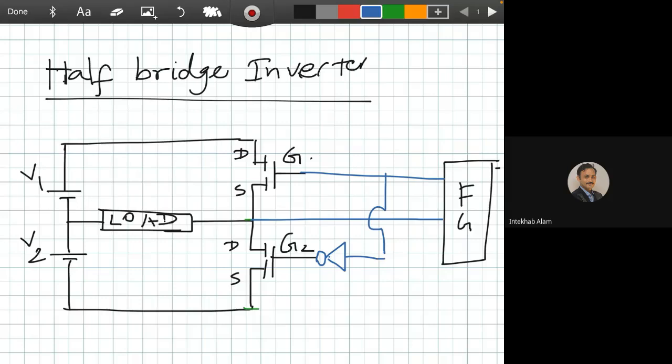So this point should be connected with this one. This is the ground point. Is it okay with you? Is it understandable?